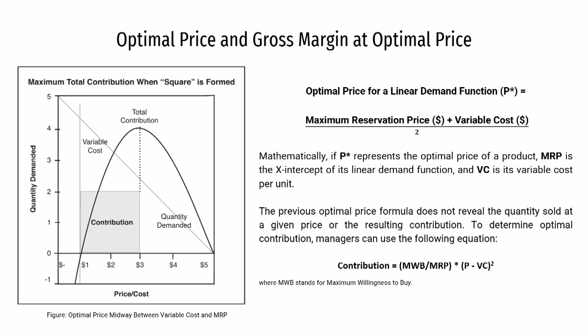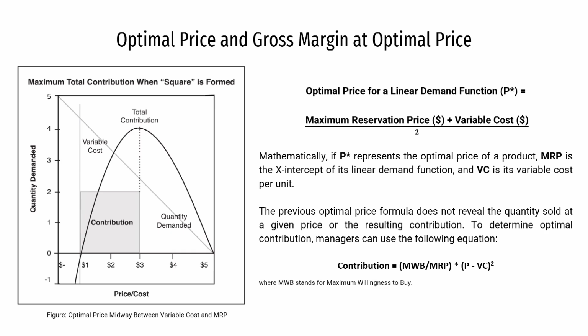Now, we will try to combine these two metrics, that is, optimal price and gross margin at the optimal price. From the previous slide, we have already understood how to calculate the optimal price for a linear demand function. Let us denote it with P star. So, P star represents the optimal price of the product.